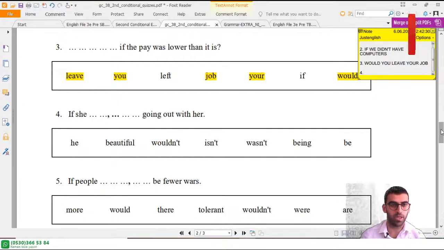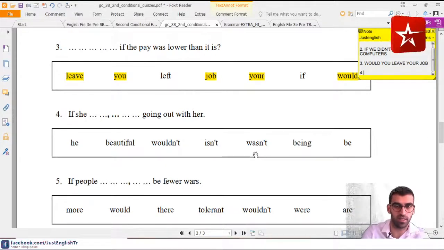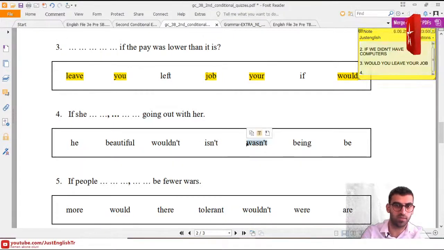So what should we write for number 4? If she wasn't, okay, yes, let me highlight one by one in order to make sure. If she wasn't, not isn't, because we have to use a past simple. If she wasn't beautiful, that's the interesting sentence.